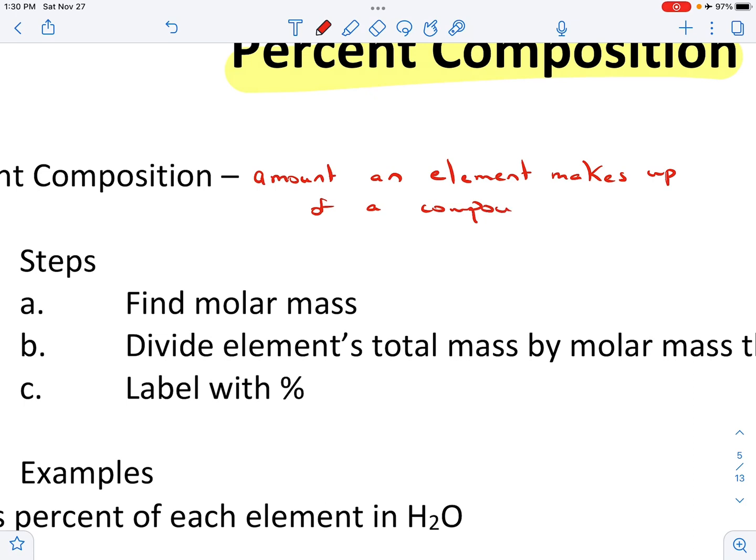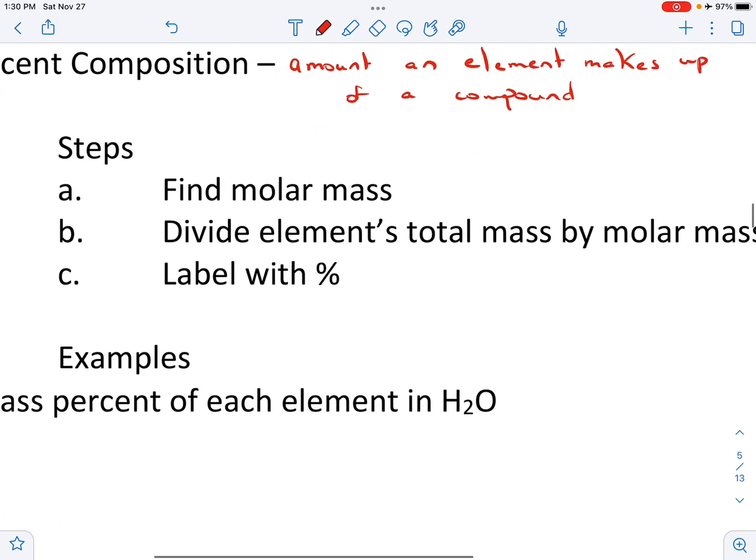We're going to be seeing how much an element makes up of each compound. And so we could find all of it, right? Or we could just go ahead and go with one element. It'll kind of depend. We'll see examples as we go.